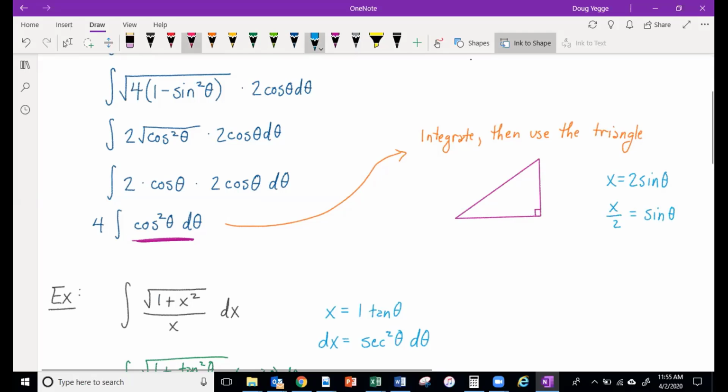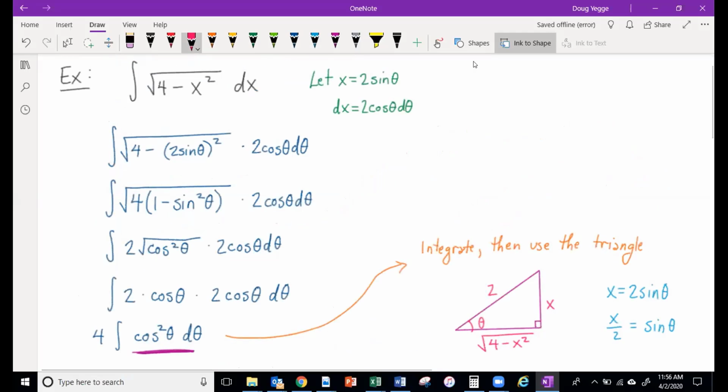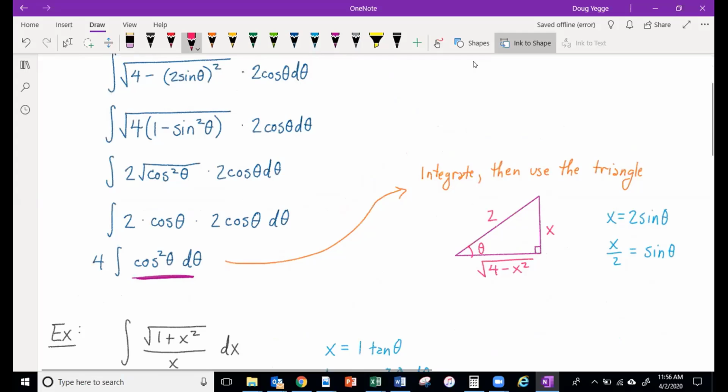So now we can fill in the triangle: in relation to this angle, the opposite side is x, the hypotenuse is 2, and therefore this side is the square root of 4 minus x squared. Notice that once you get to the point of any integral involving trigonometry, if you start with a function of x, you better end with a function of x. That's why the triangle comes in handy, so that you can actually replace whatever functions show up inside.